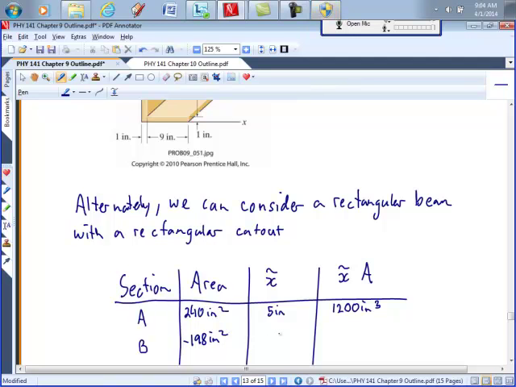Where is its centroid? Not in the center of the other rectangle. It's in the center of the 9 inches, which would be 4.5 plus the 1, so it's at 5.5 inches. And when I multiply those together, I'm also going to get a negative result: negative 1,089 inches cubed.